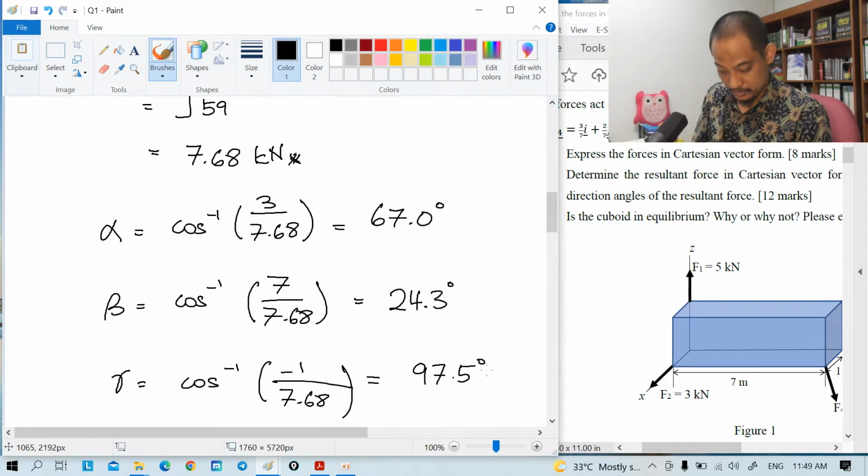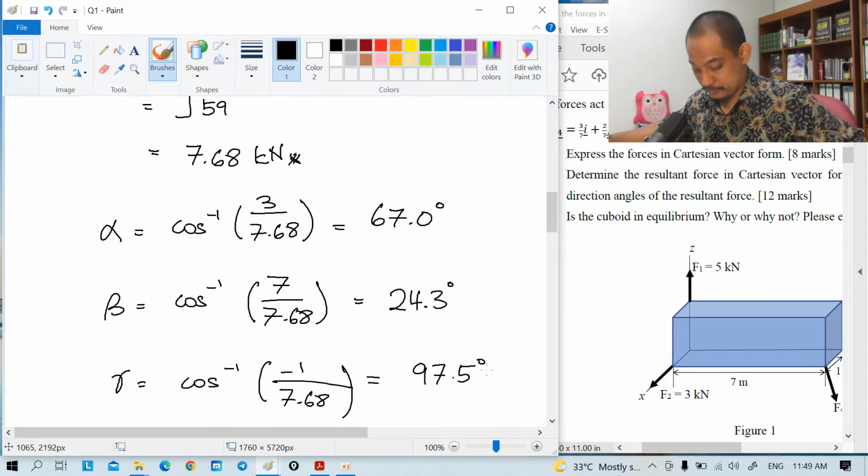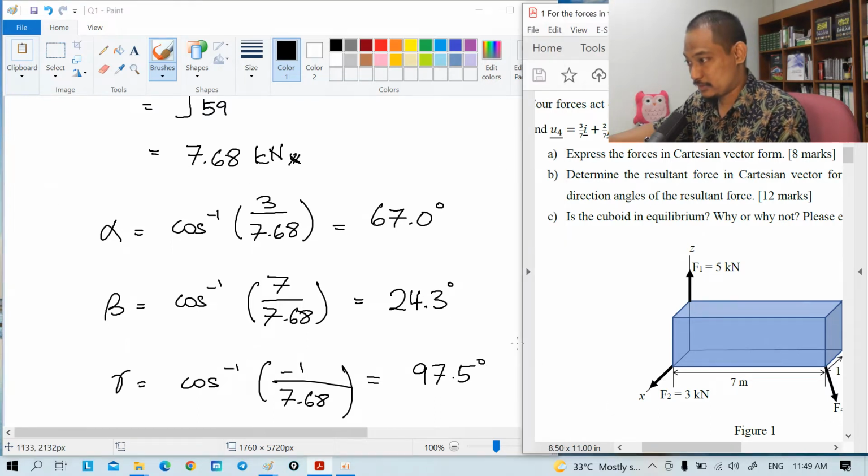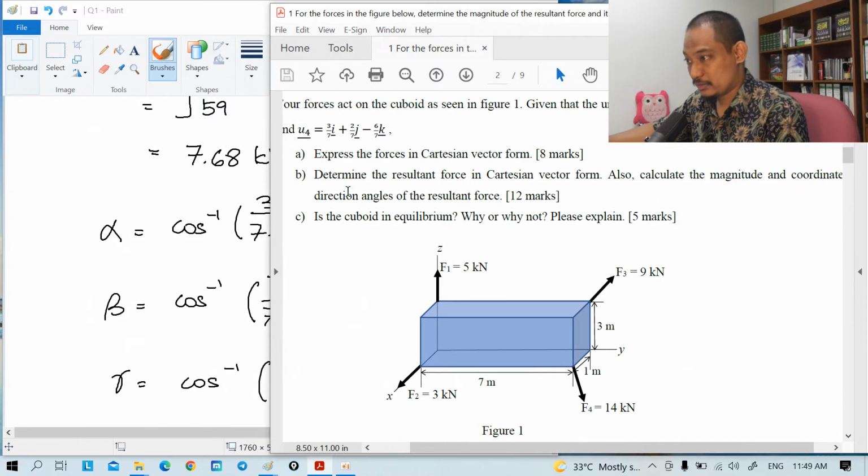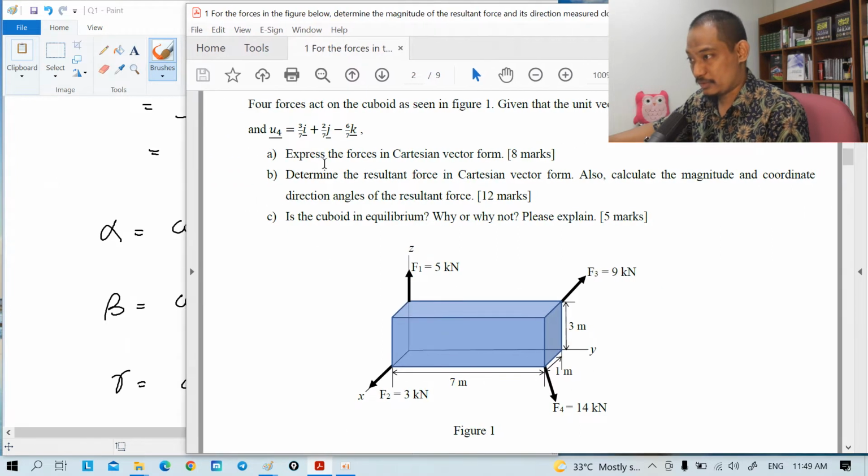Again, 97.5. Alright, double check if that is the question. So we have determined the Cartesian vector form of the resultant force as well as the magnitude and coordinate direction angle.